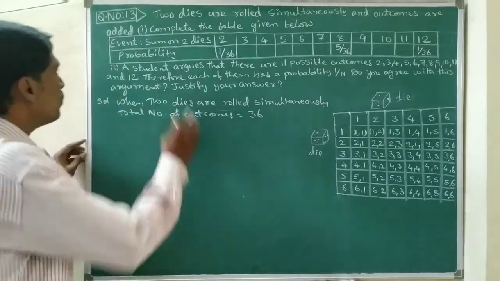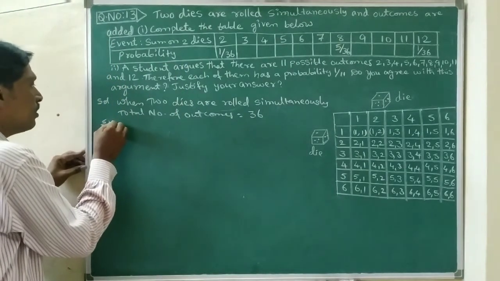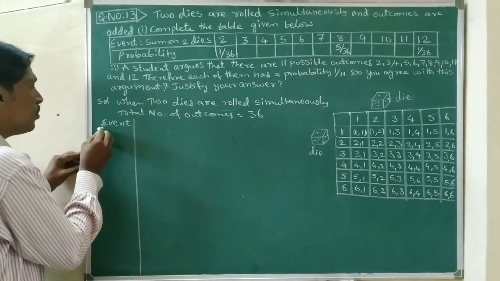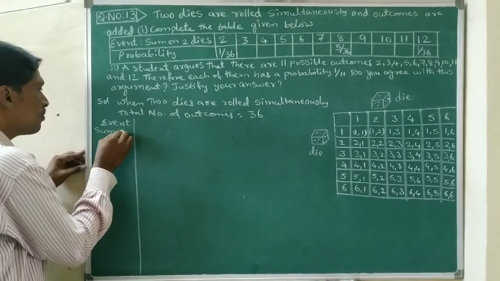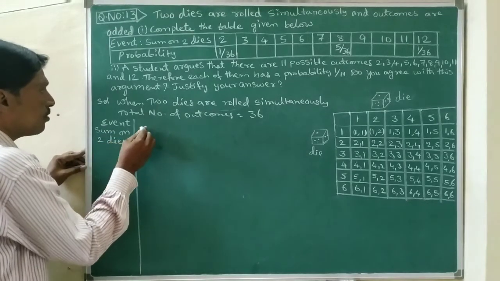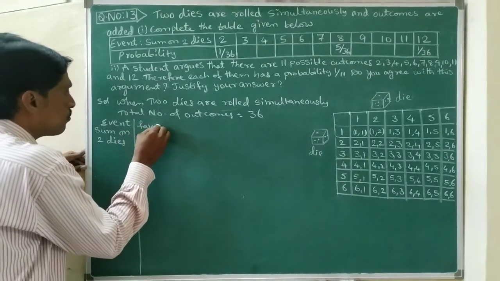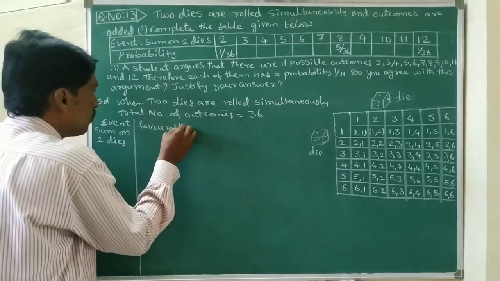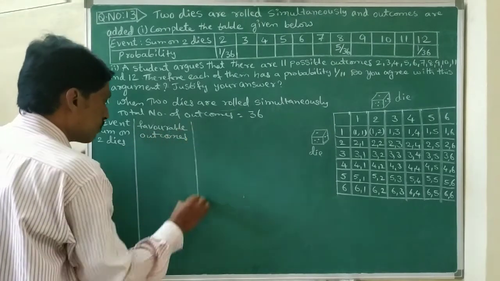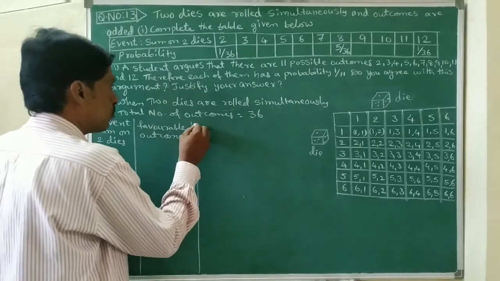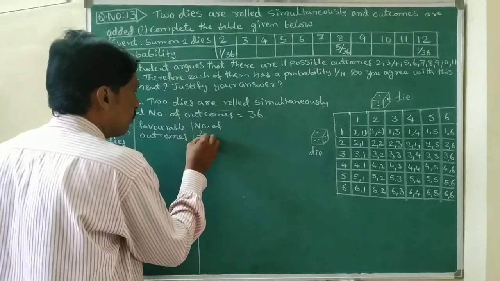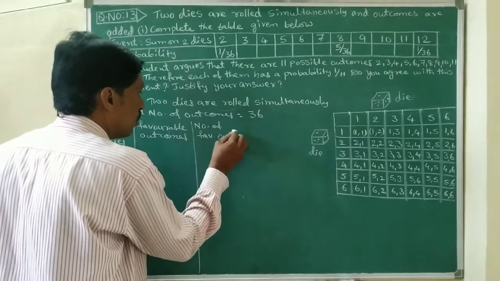Now you can take the table, this table I am taking. Event, that is sum on two dice, favorable outcomes, number of favorable outcomes, I am writing FAV, favorable outcomes.